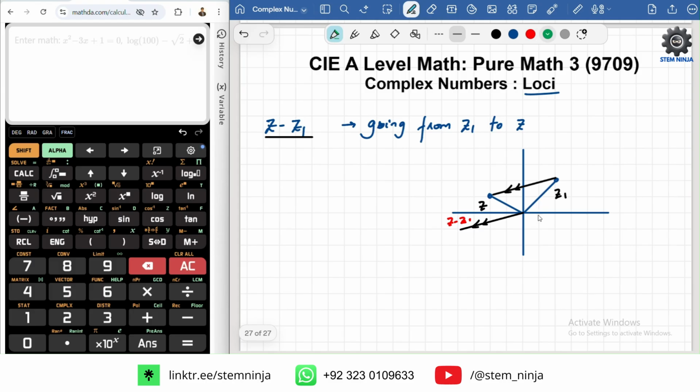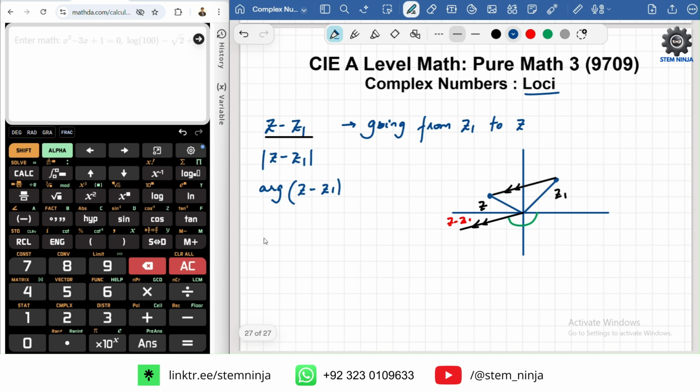That means it will have its own argument with the positive real axis and its own magnitude. So this will be the magnitude of z minus z1, and this will be the argument of z minus z1. Okay.